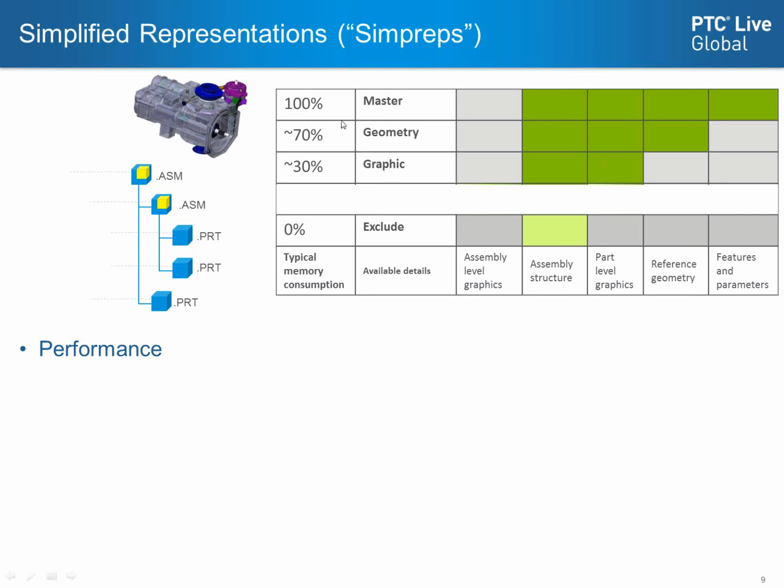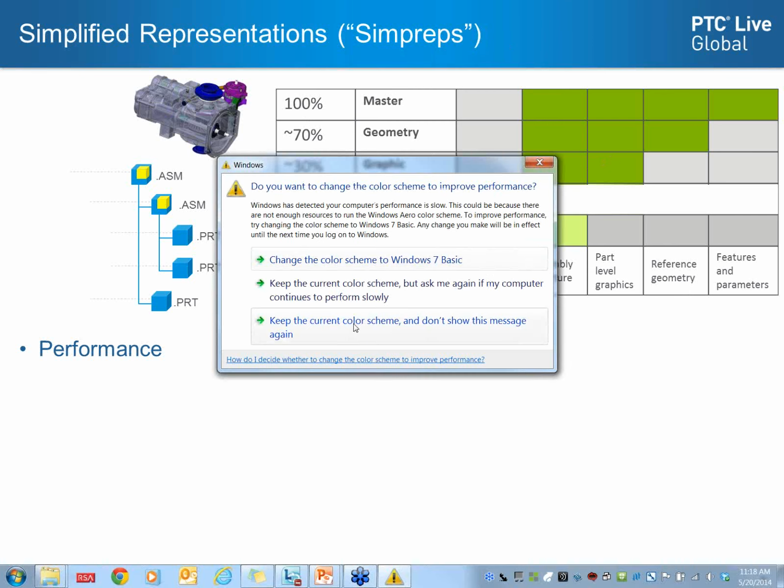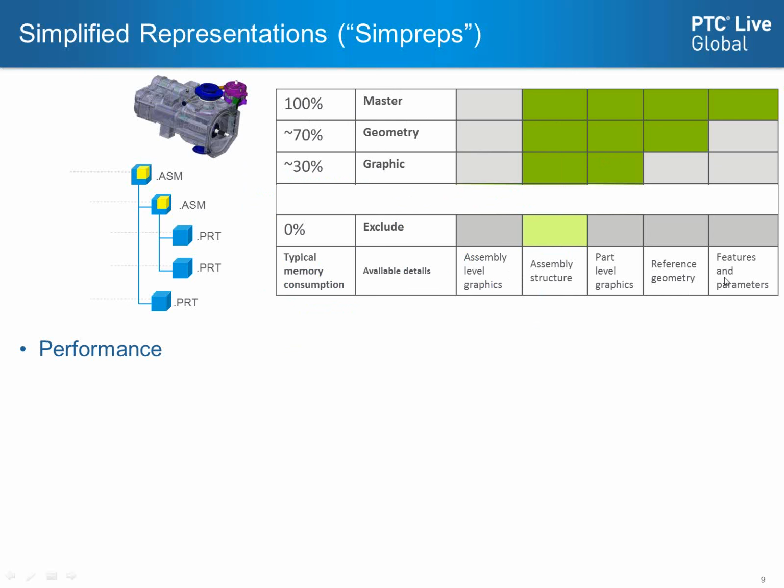And the full 100% master representation that brings into memory all the features and parameters level. This representation consumes the 100% of the components in session. So the user always had the choice how much memory to consume depending on the design task.